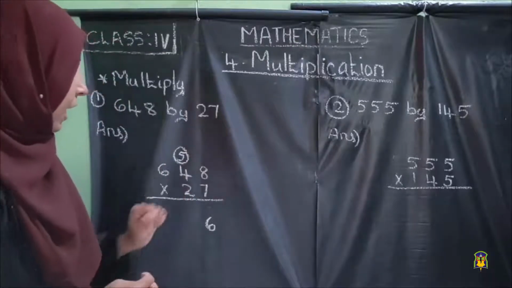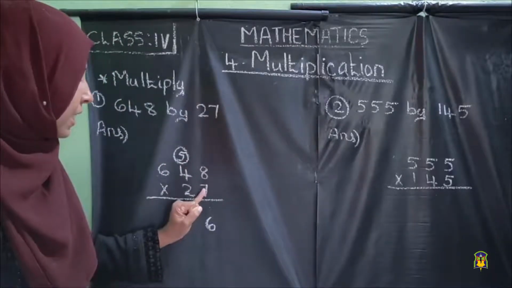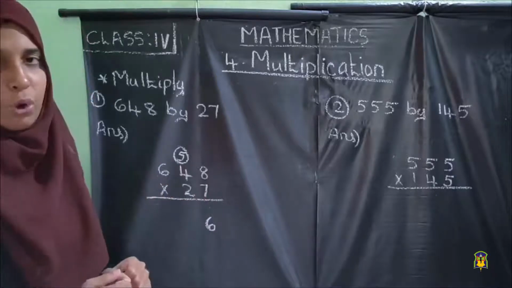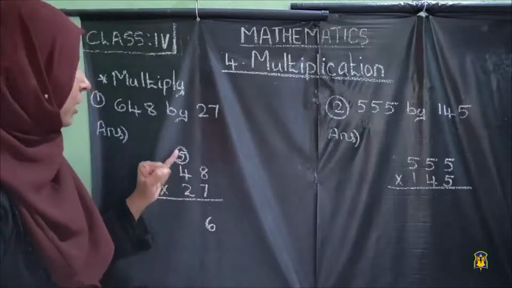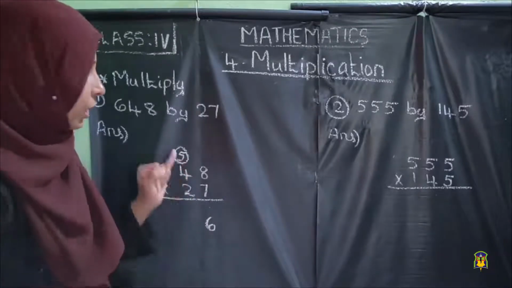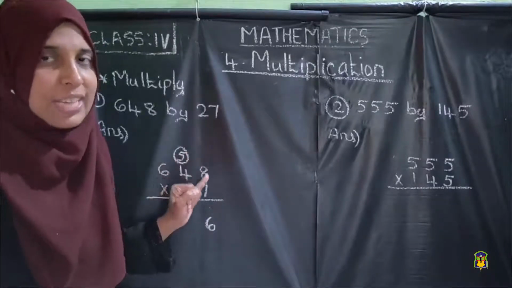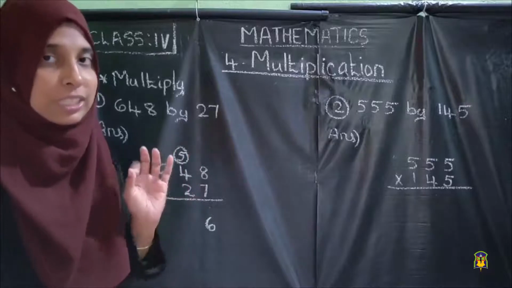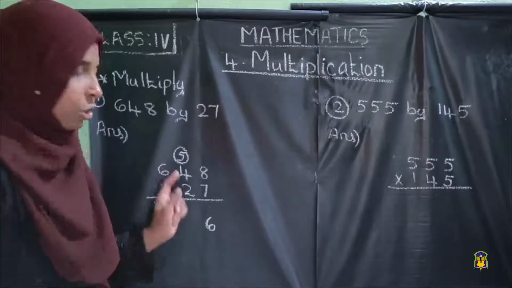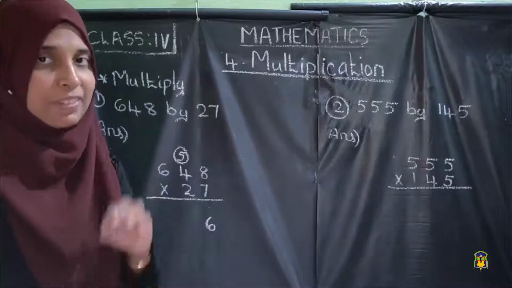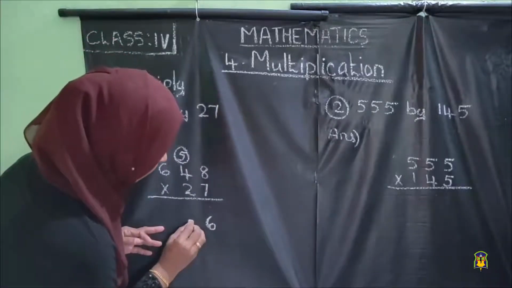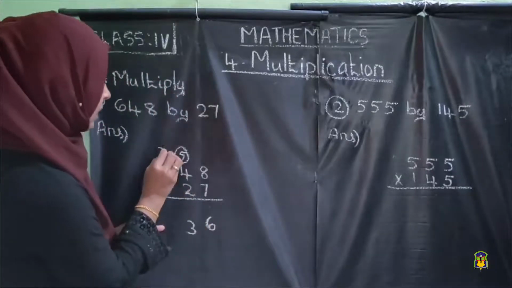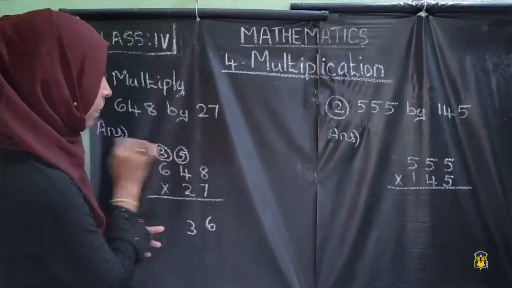Okay, then after that we want to multiply 7 into 4. 7 into 4 is 28. 28 plus 5 carryover is 33. In 33, we can write 3 here and 3 as carryover above next place.